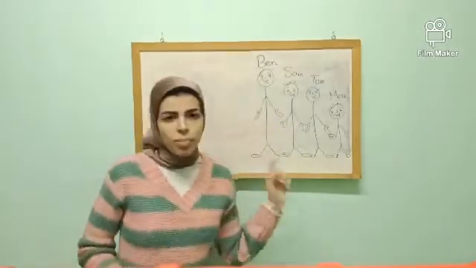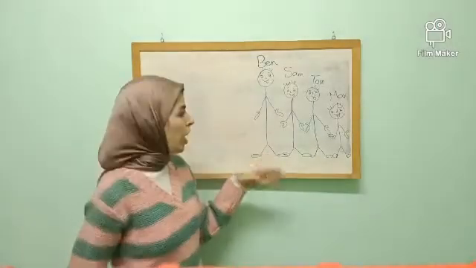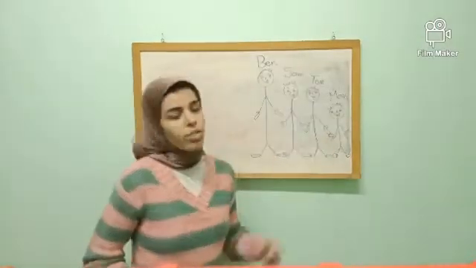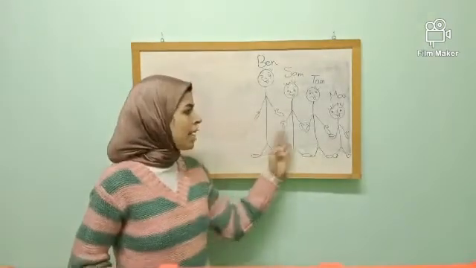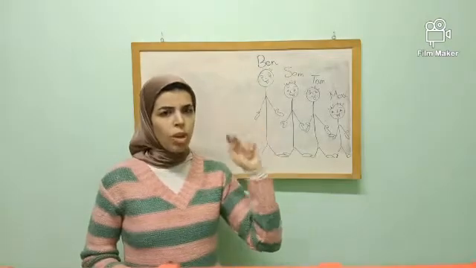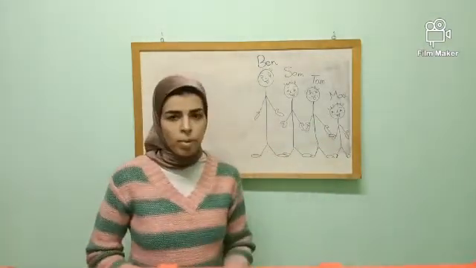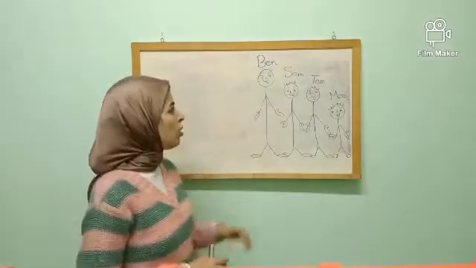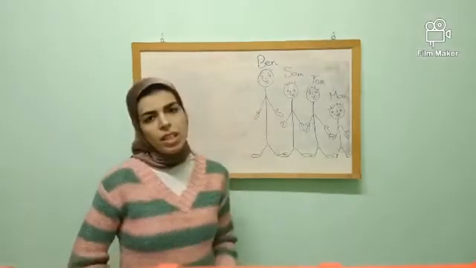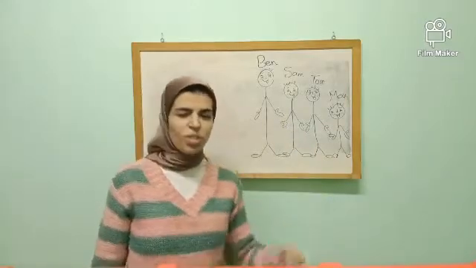Okay, here I'm comparing between one, Ben, and all the other friends. One and many. It's not only two. I'm comparing between one and many people here. So, Ben is the tallest. But who's the shortest one?